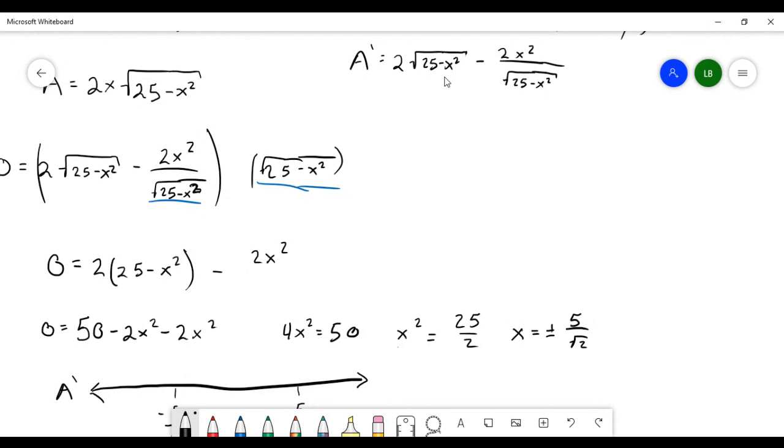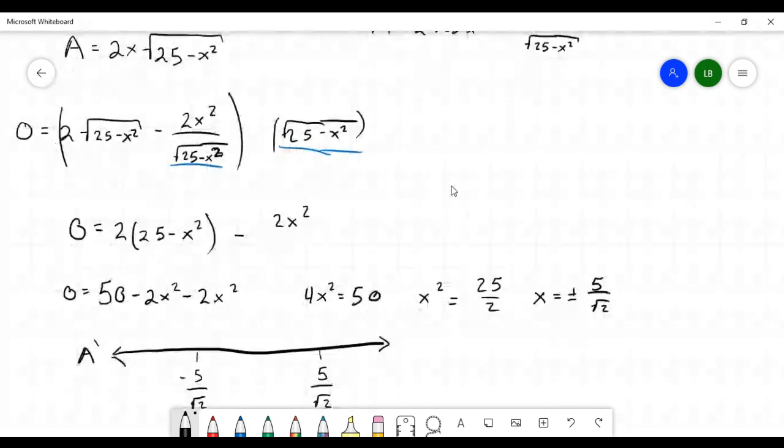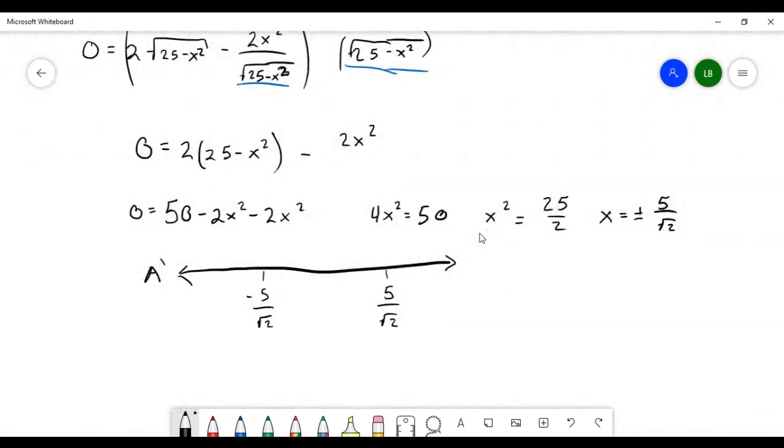If we plugged in a number that is negative 4, we'll say, then we would get 2 times the square root of 9. So 6 minus, that would be 2 times 16, 32 divided by 3. That's a little over 10. So 6 minus a little over 10 is going to be negative.